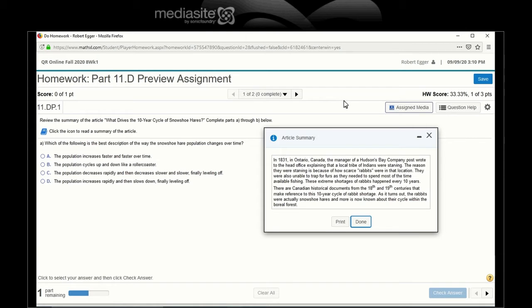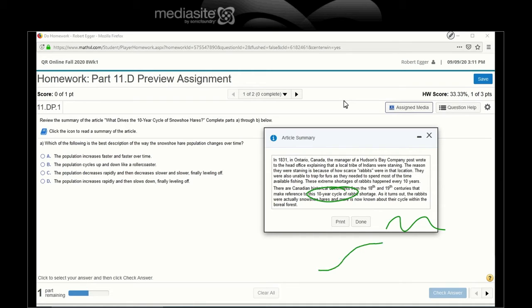So which of the following is the best description of the way the snowshoe hare population changes over time? Population increases faster and faster over time? Well, that's not what cycle means. Up and down like a roller coaster, that's a cycle. Decrease rapidly, then decreases slower and slower, finally leveling off.